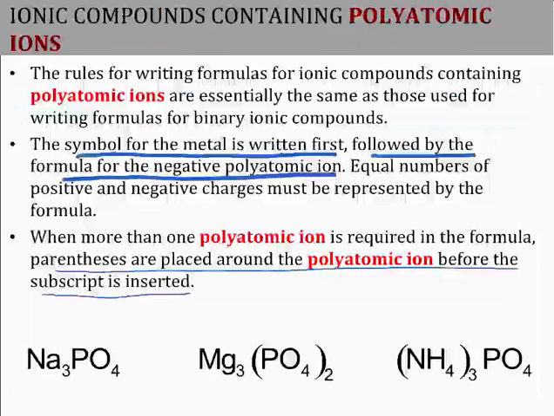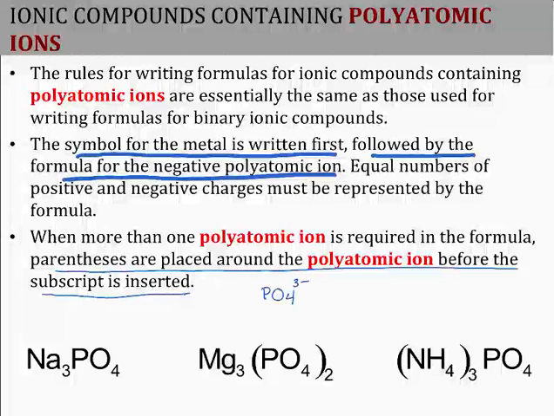Okay, so let's look at these examples down below. In each of these compounds, we have PO4. This is the phosphate ion, and it has a 3 minus charge.